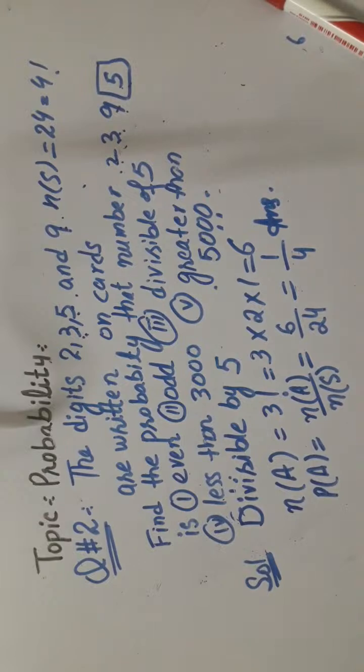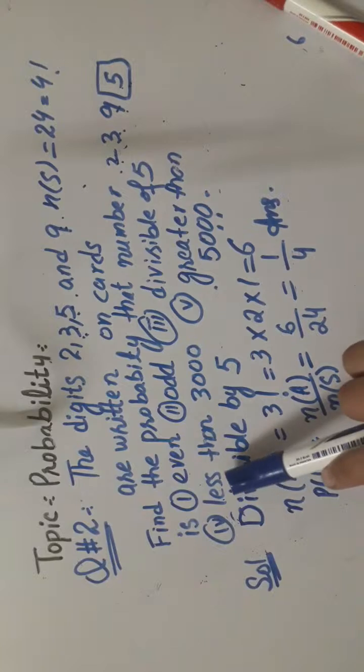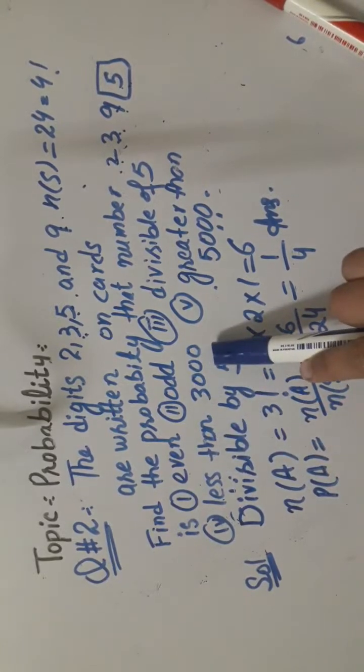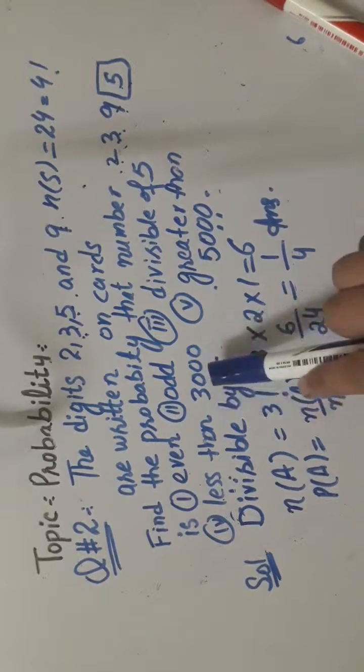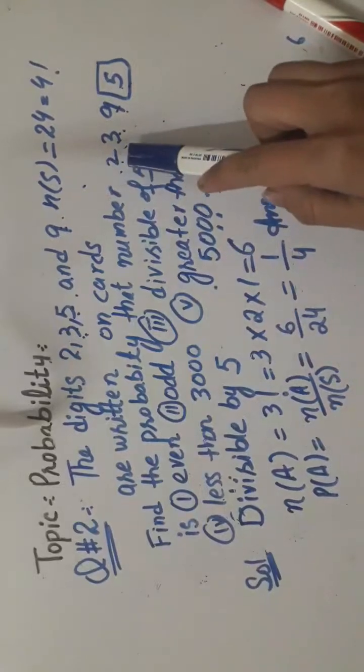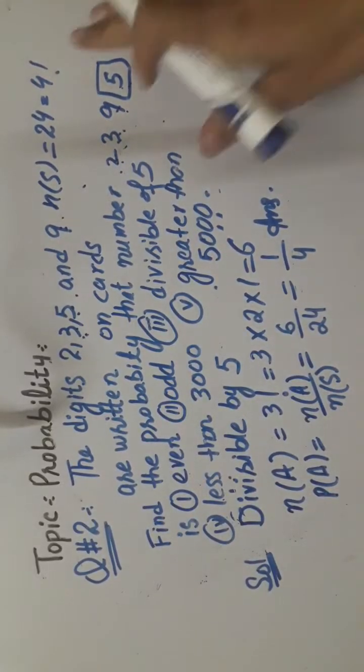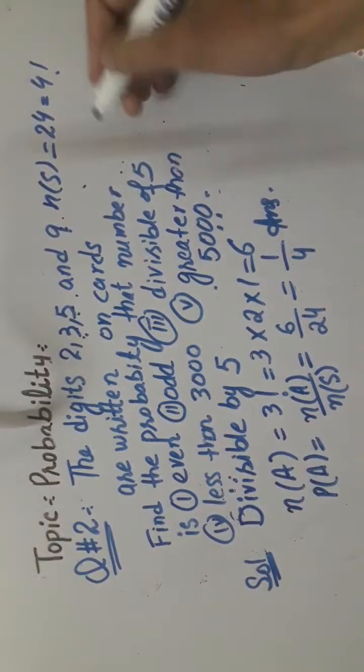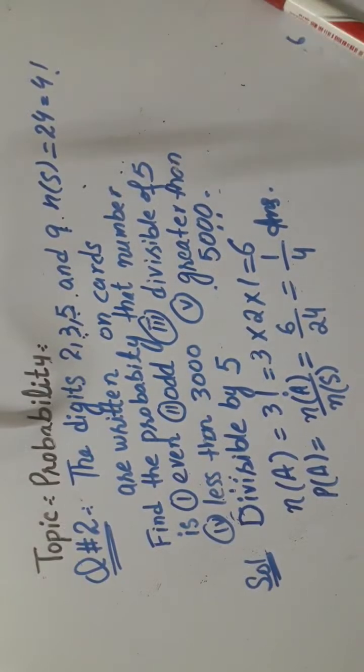Now we will solve another important part: your answer should be less than 3000. Less than 3000 means your first digit is fixed. It must be 2. Your first digit must be 2.